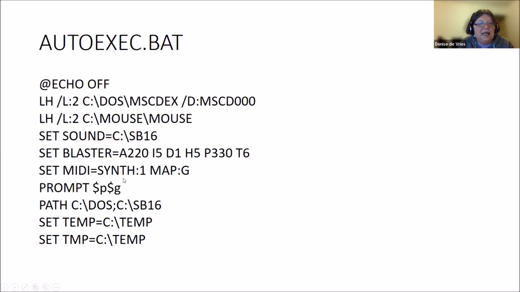Then we're setting our sound so that the sound files the drivers will be found in this path. And then we've set the sound card, and these are the settings for a Sound Blaster 16 card.